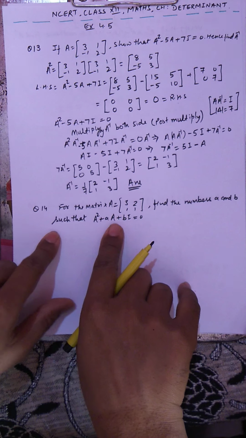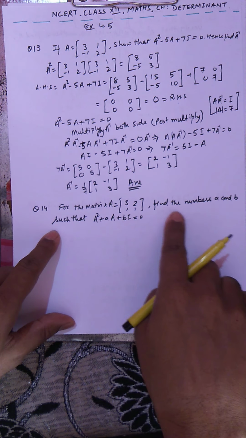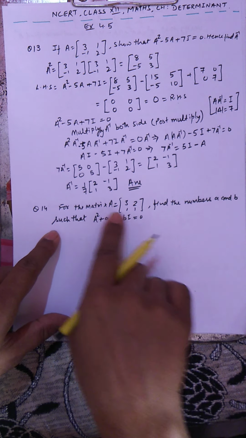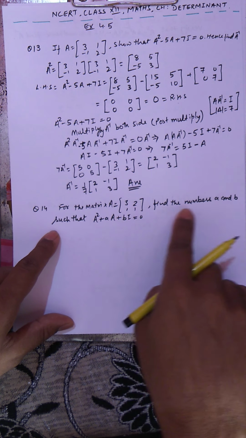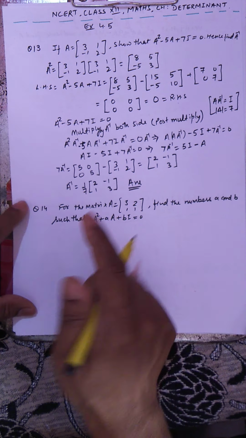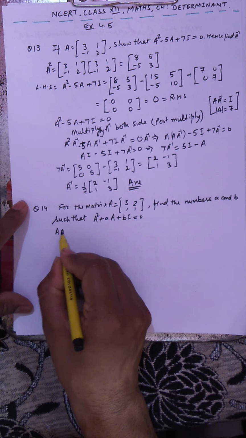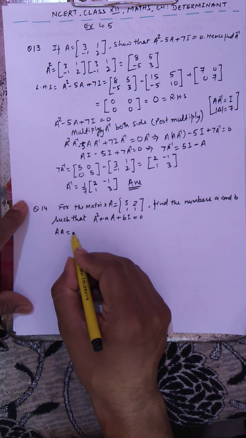Come to this question number 14. Find the matrix A, which is given as 3 1 2 1. Find the numbers a and b such that this equation is given to us. Now you can see we need A square, so we will start with finding A square.